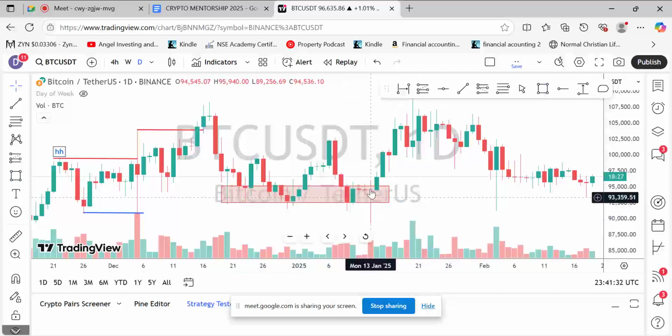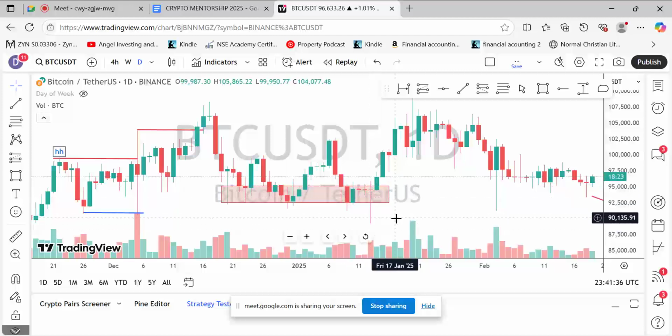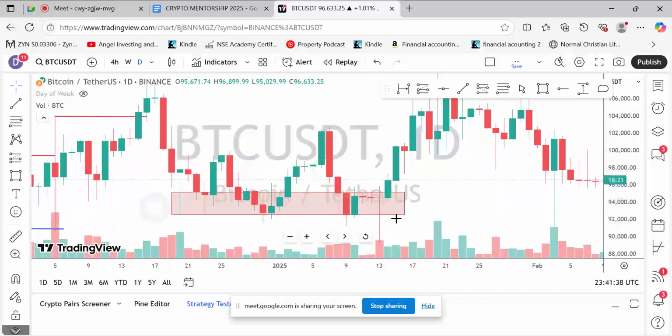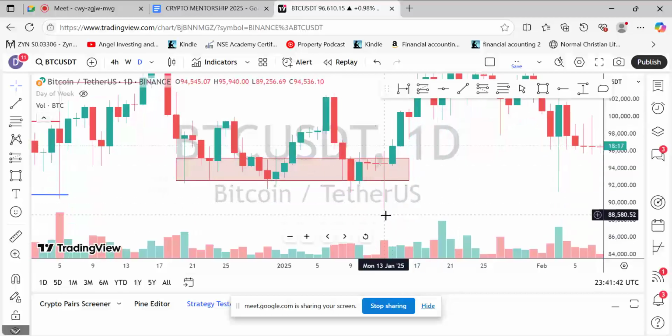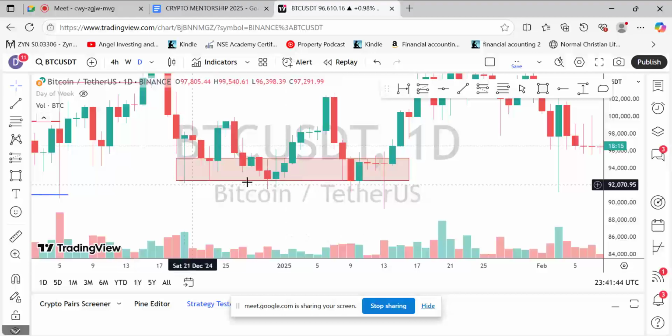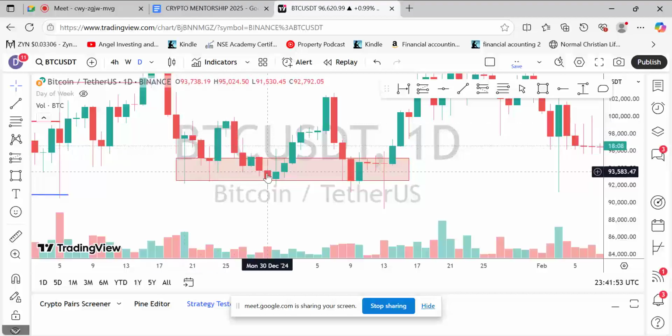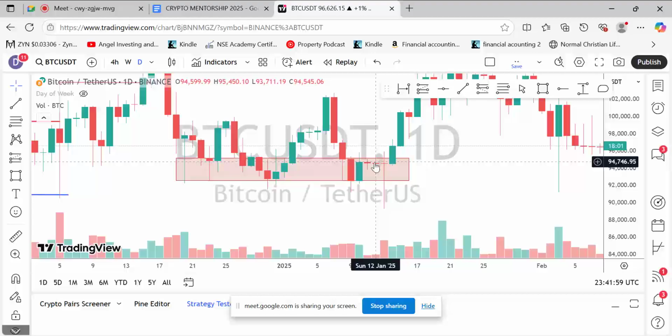Now, can you see this particular candlestick? Can you see how long the wick is? Yes. And it cleared all the stop loss, assuming those that have stop loss, all this while. This is how many days? 1, 2, 3, up to 25.